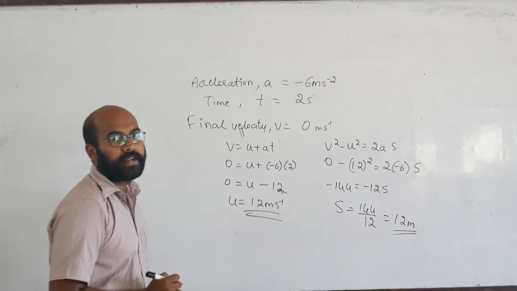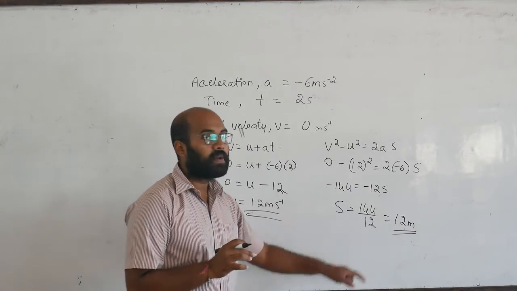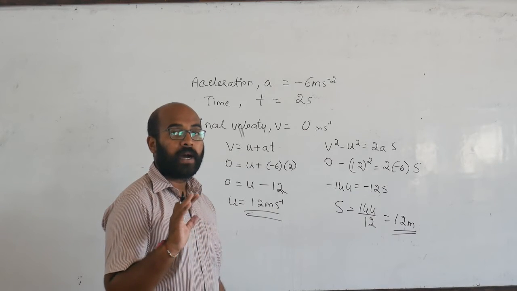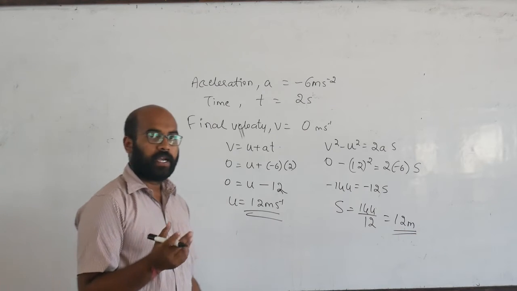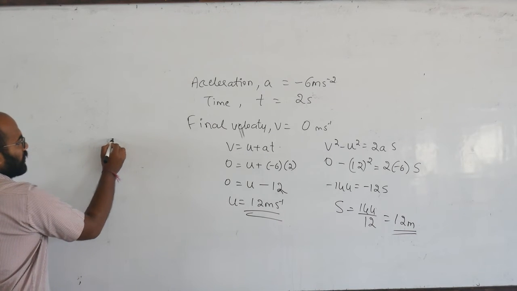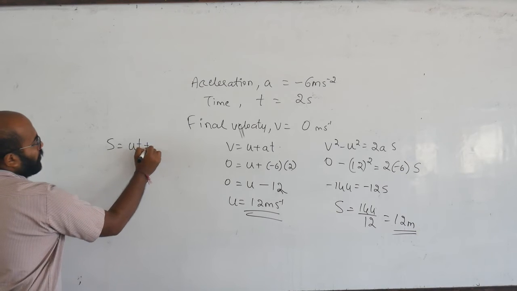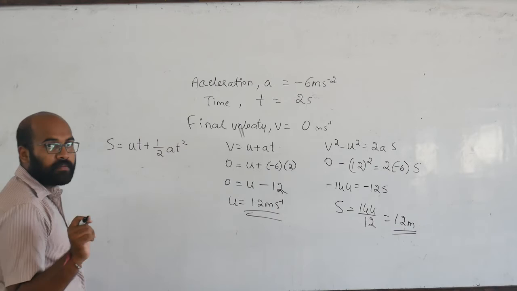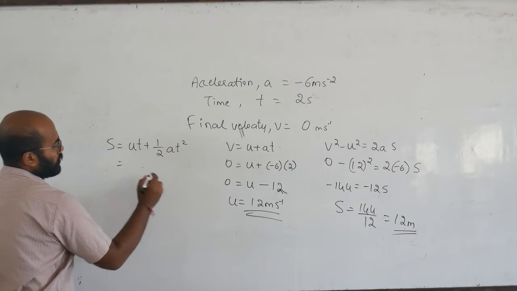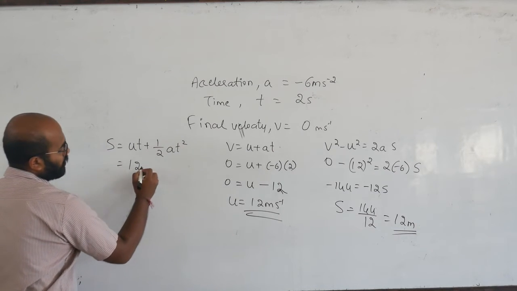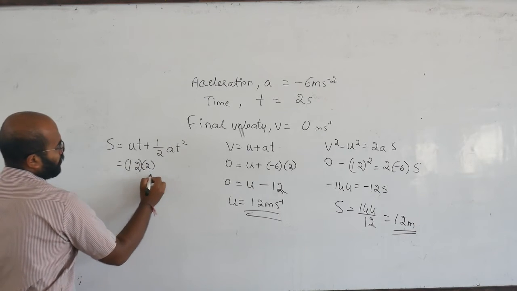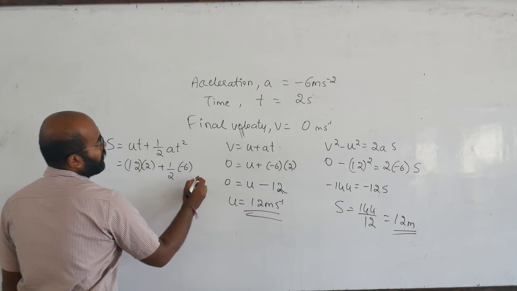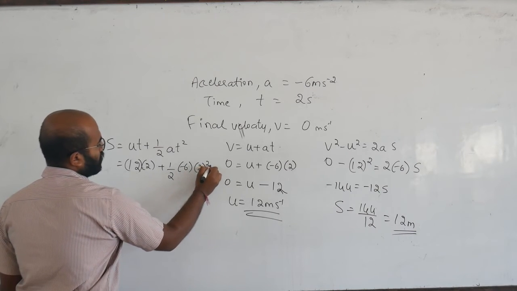So this distance it travels before coming to rest is 12 meter. So after the brake is applied, before it stops, 12 meters is covered. So if I use the other equation, s is equal to ut plus half at square, I need to get the same distance. So u is 12, t is 2, so 12 into 2 plus half, a is minus 6, t is 2 square.